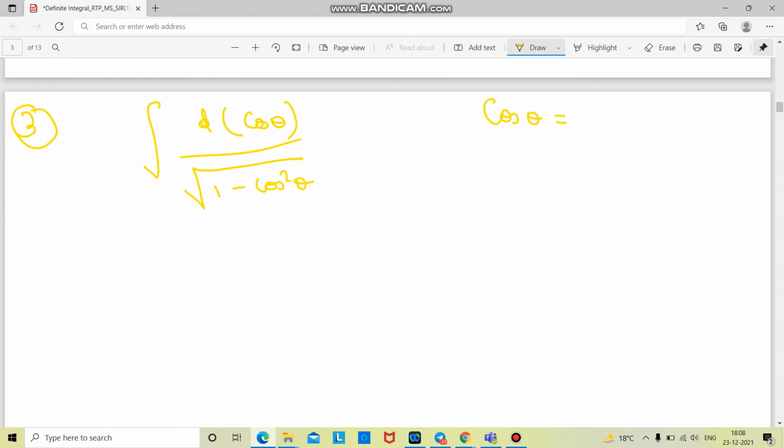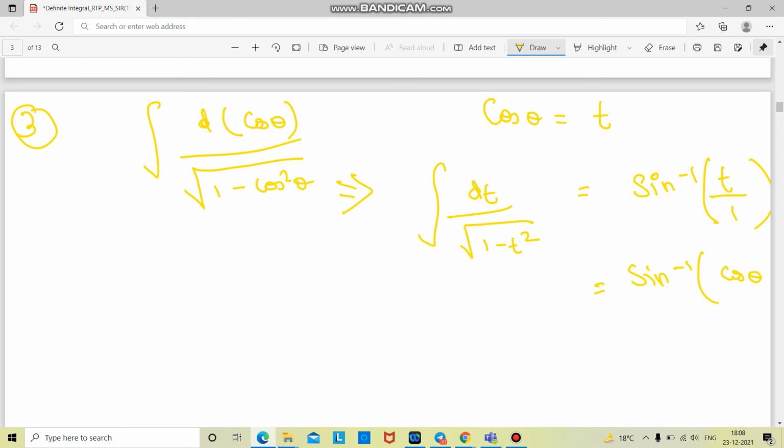We can do it the same way. Cos theta is equal to t, integral dt by under root of (1 minus t squared). And we know the formula for this is sine inverse of x by a, which is sine inverse t by 1. Now we can put t as cos theta. This is our answer: sine inverse of cos theta.